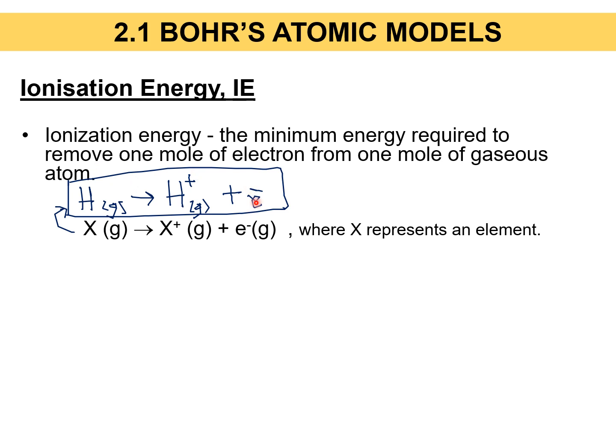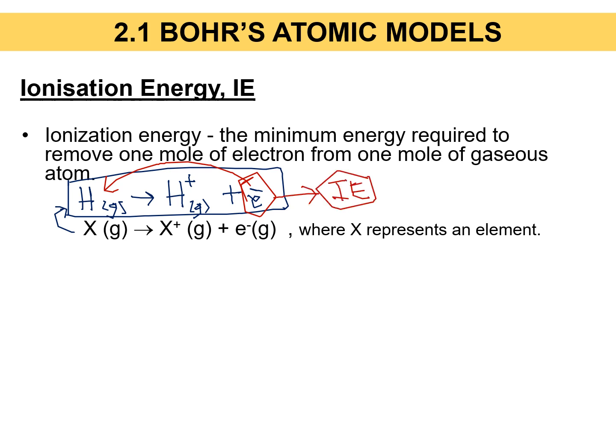So energi yang diperlukan untuk buang, untuk remove this 1 electron from 1 atom of hydrogen gas, itulah yang dinamakan ionization energy.